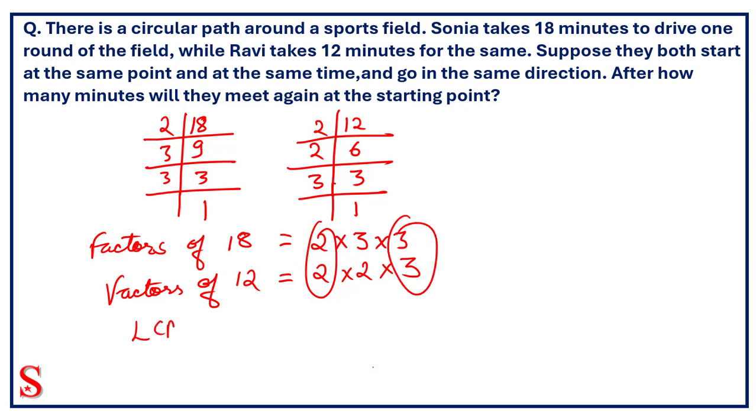So LCM of 18 and 12 would be 2 into 3 into 3 into 2, which would be 36. Right? Hence Sonia and Ravi, how many minutes will they take? 36 minutes they'll take to meet again at the starting point. So we'll write that here.